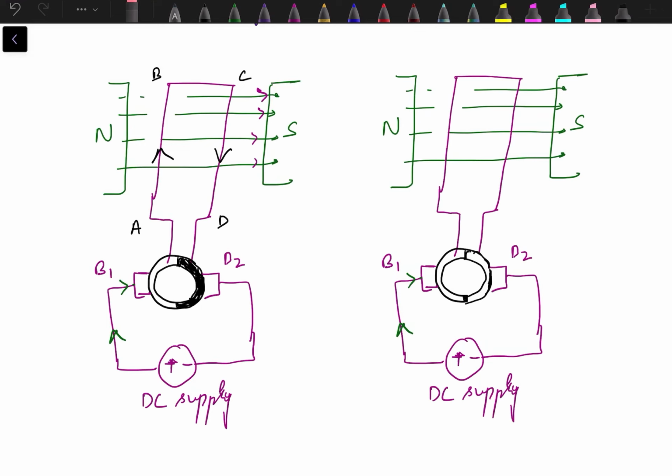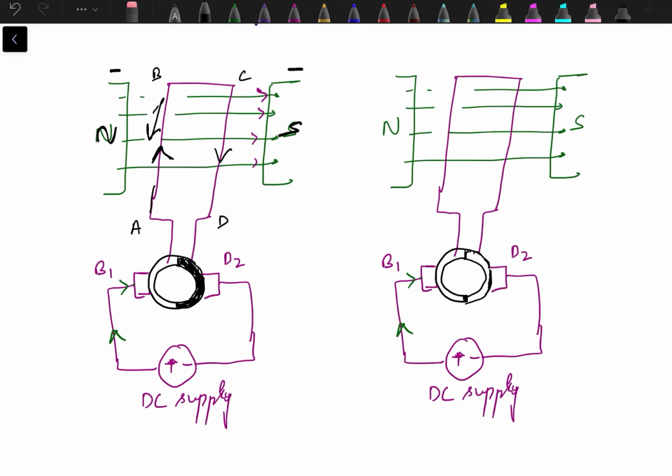Now if we focus on conductor AB, where current is flowing from A to B, direction of field is from north to south, or we can say from left to right. So as per the direction of current, this conductor will start experiencing a force in downward direction.